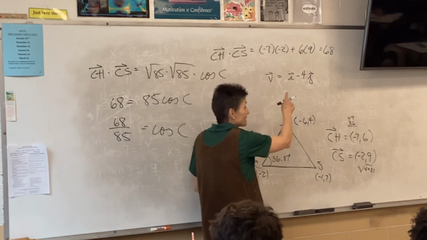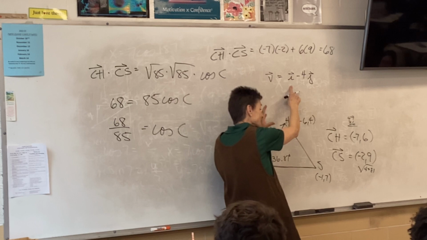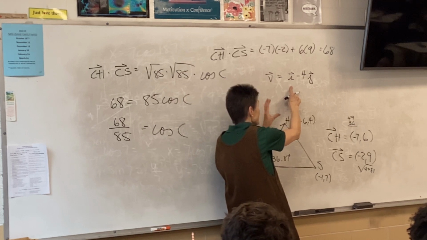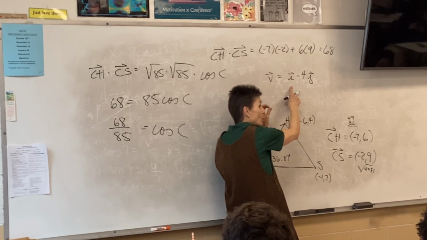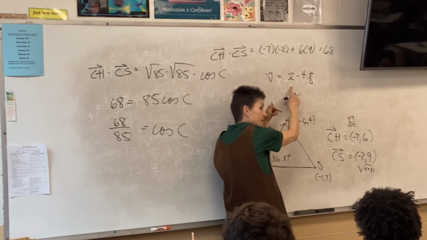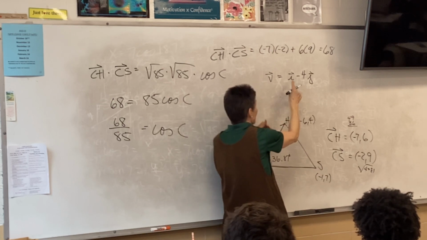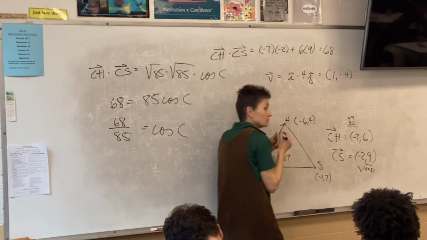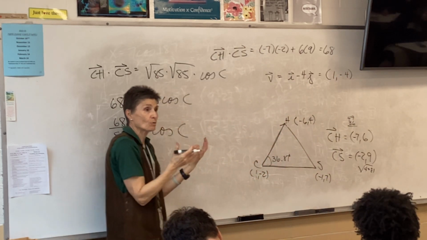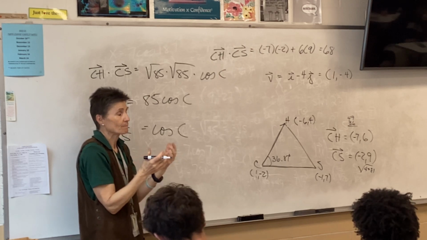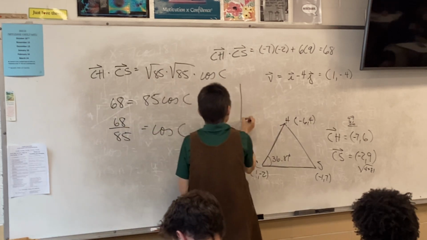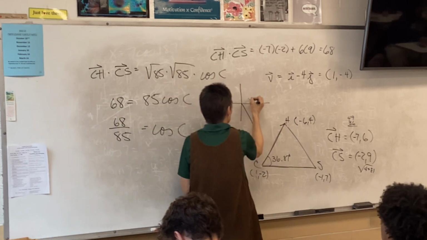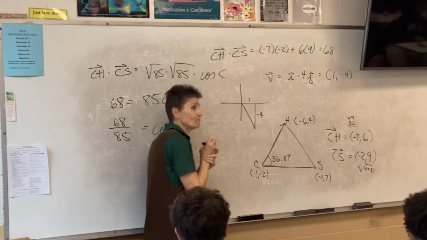So what this is saying is, this vector goes right 1 and down 4. So the coordinates of that vector are 1, -4. It's just another way of writing it.